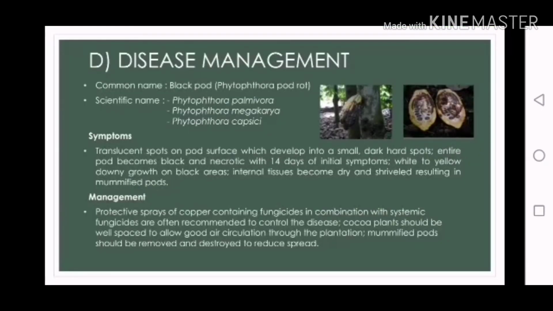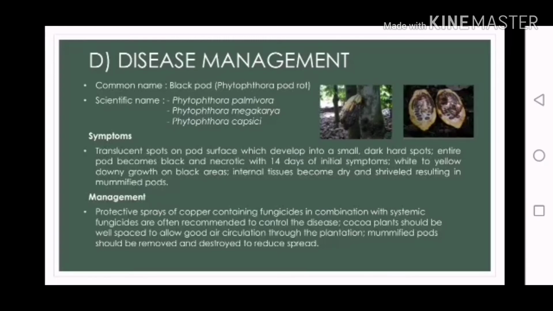And now we go to the disease management. This disease is the main disease that makes people give up on doing cocoa plantation, and the name of the disease is black pod. We have three scientific names for this black pod. The first one is Phytophthora palmivora, Phytophthora megakarya, and the last one is Phytophthora capsici.